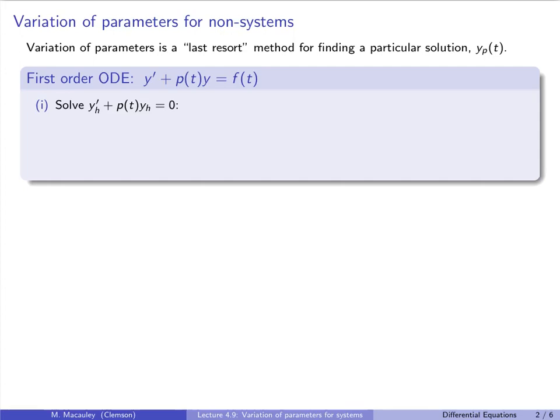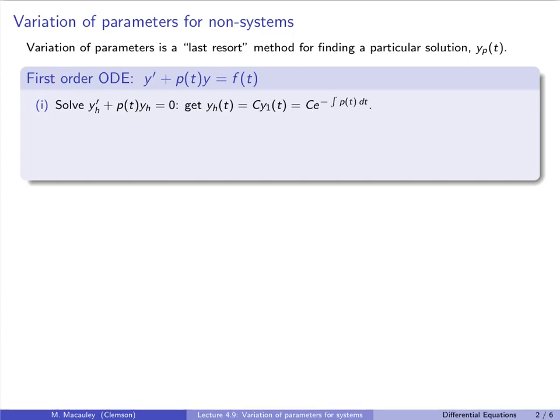That is, set the right-hand side equal to 0 and solve for yh. And by the fundamental theorem of differential equations, there is a one-parameter family of solutions. So we'll say that yh of t is some constant c times y1 of t.